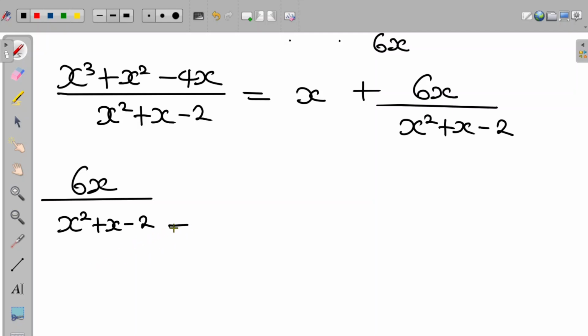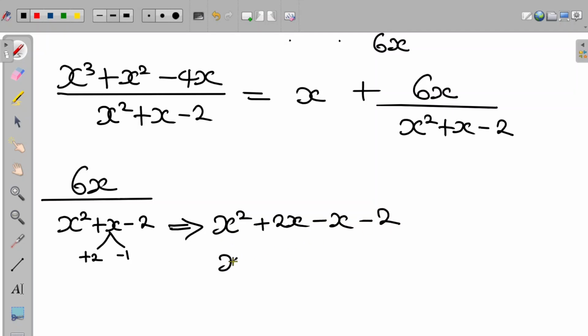So, if we factorize the denominator, we need two integers whose sum is equal to 1 and whose product is equal to negative 2. And the two integers are plus 2 and minus 1. So we can now express our quadratic expression as x squared plus 2x minus x minus 2.